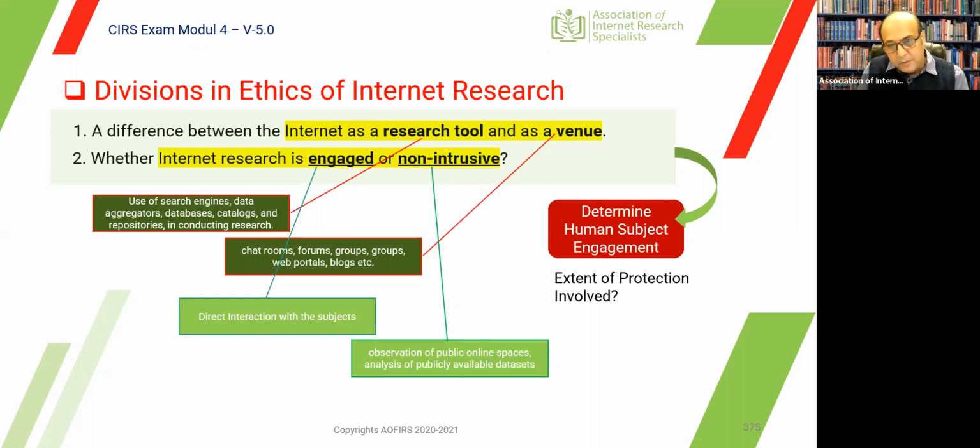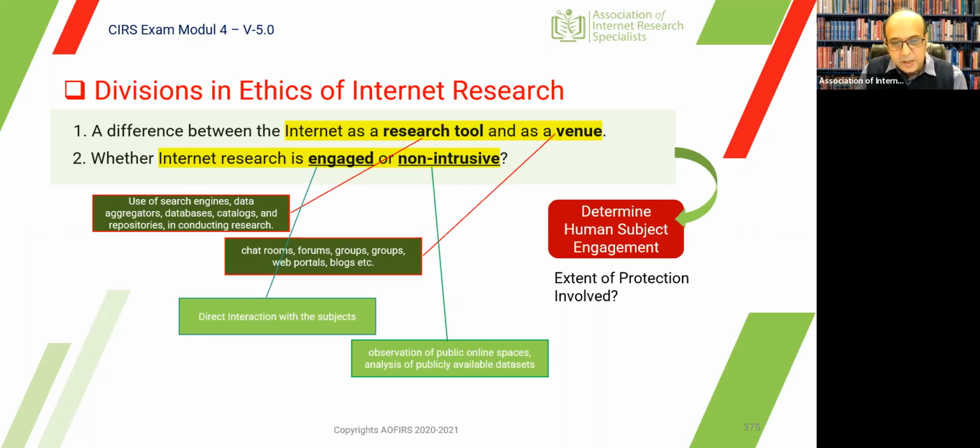Again, ethics will play a role in how you perceive something as normal, abnormal, or out of society's blessings, as an issue that would otherwise be controversial, whether internet research is engaged or non-intrusive.